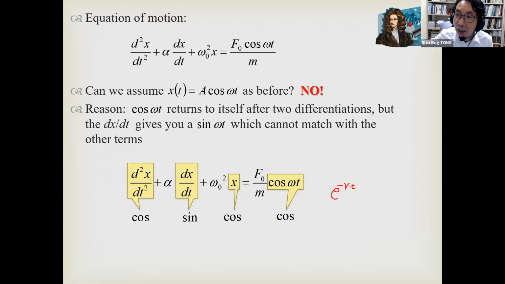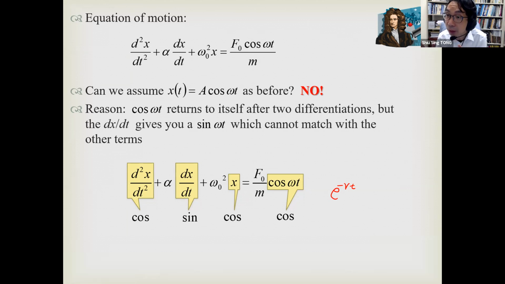But now we don't have this factor in this solution. Why? Because we are constantly shaking the system, we are constantly inputting some energy into the system, and it happens that after some time, the energy that we input to the system will just be equal to the energy dissipated by the damping.